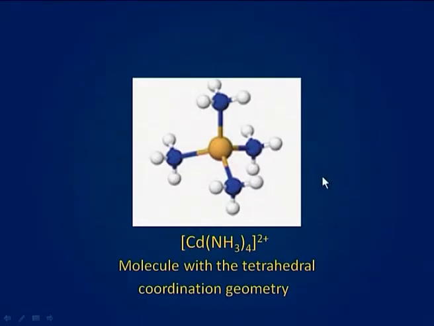Here you can see a tetrahedral structure of [Cd(NH3)4]2+. Cadmium 2 plus is the metal ion and 4 ammonia ligands are attached to it in tetrahedral structure. In tetrahedral structure, the ligand metal ligand bond angle is 109 degrees 28 minutes.